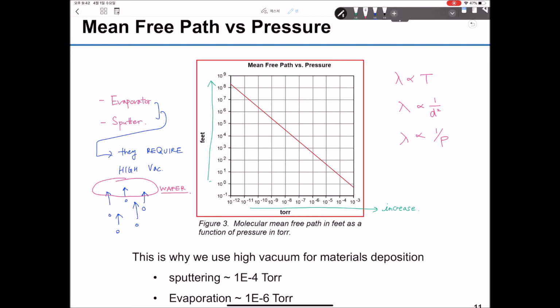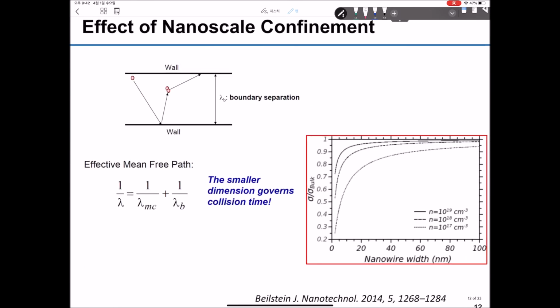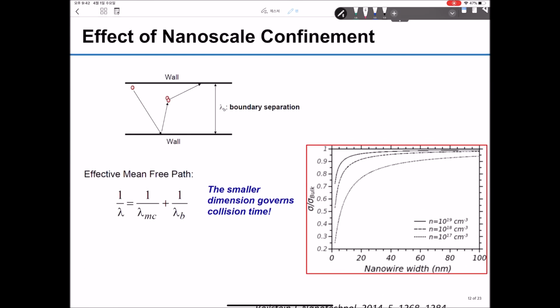Okay? Good. So if you go into a little more advanced topic, there's an effect called nanoscale confinement. Okay, so this is nanoscale, right?